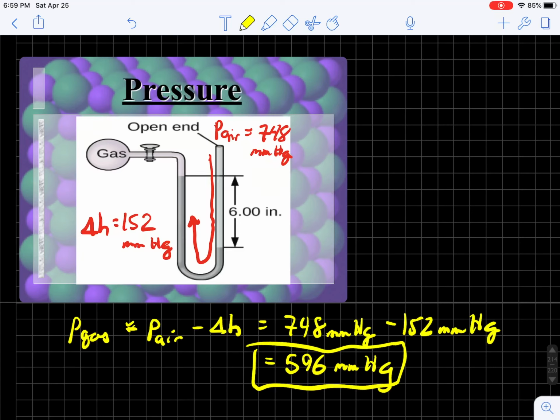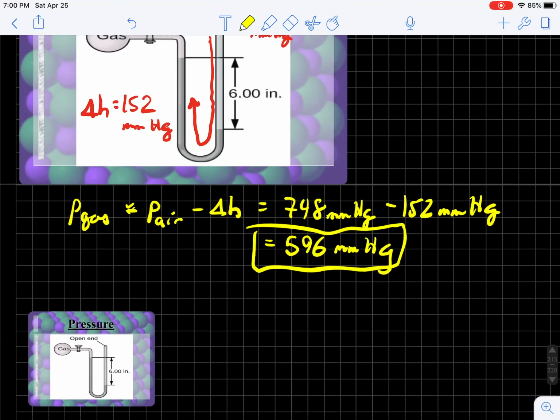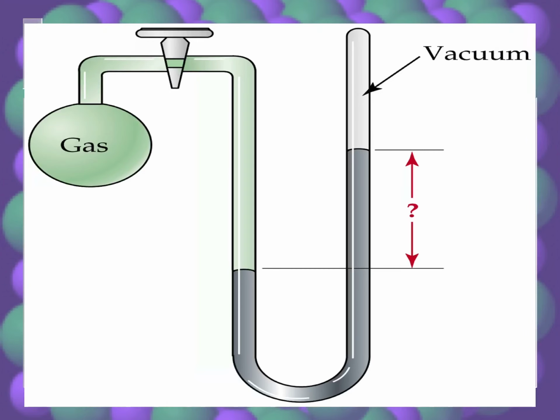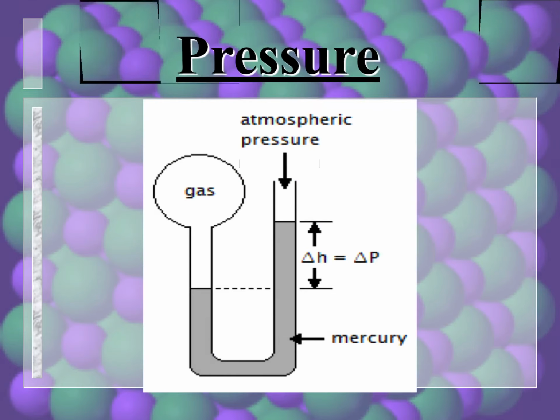And I'm not going to convert it to atmospheres because they did not ask me to convert it to atmospheres or kilopascals. I'm just going to leave it as millimeters of mercury. I guess I could convert it to inches, but I don't feel like it. And that's it.